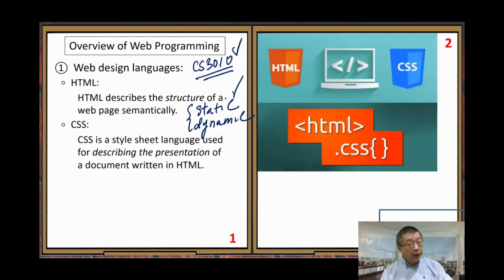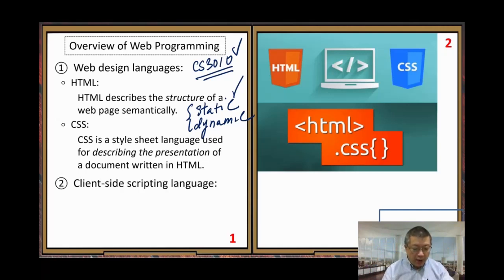Then we also need to do dynamic, because for a typical web page, in order to present the business data in a good way, the way your customers like to have, you have to mix static and dynamic content.